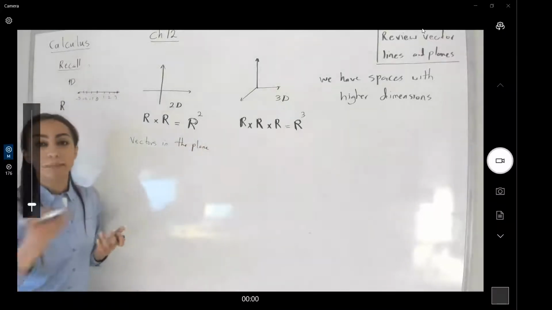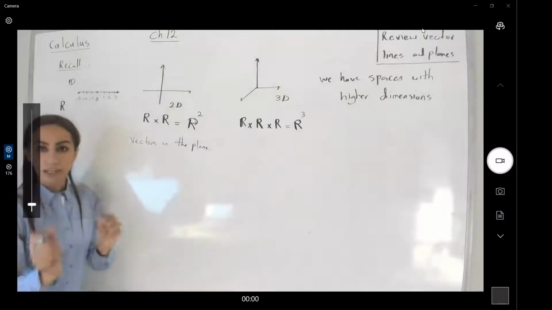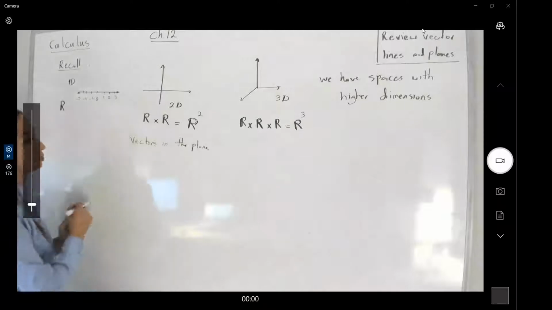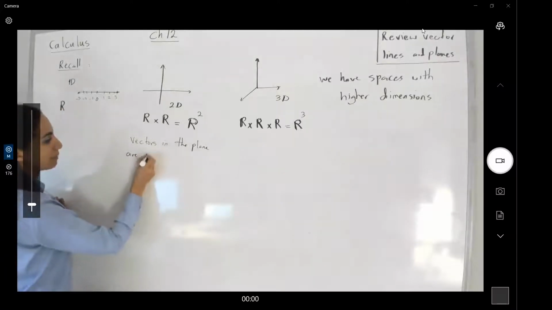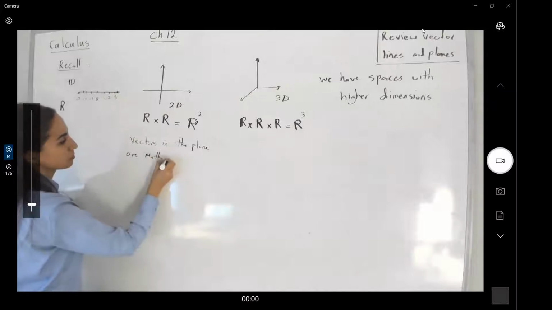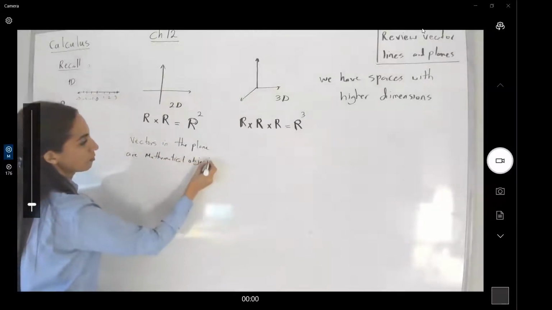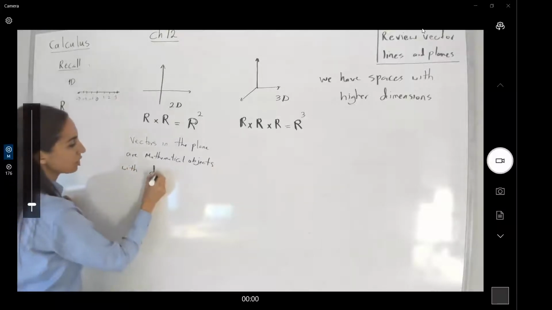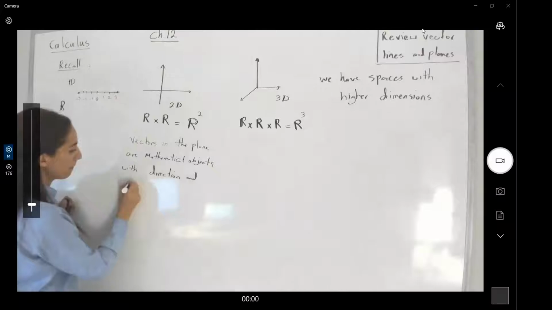Vectors are mathematical objects that you can assign direction and magnitude to. So vectors in the plane are mathematical objects with direction and magnitude.